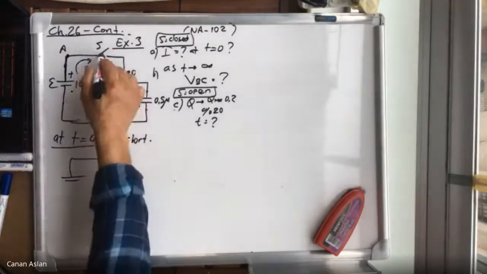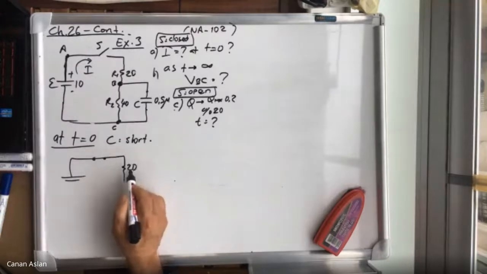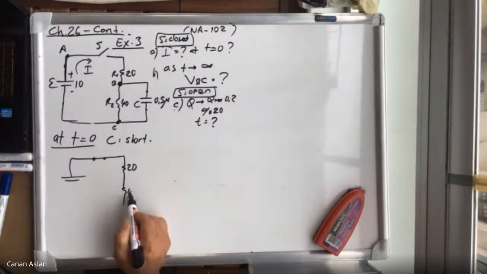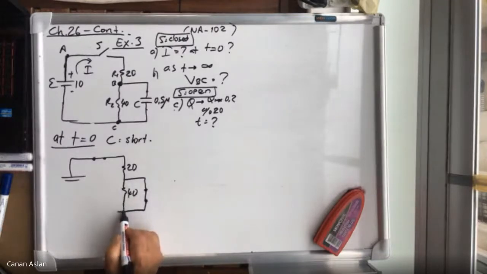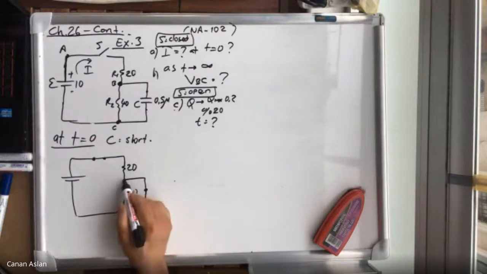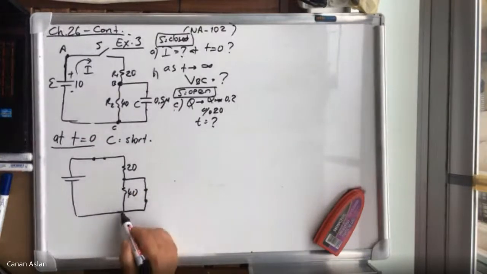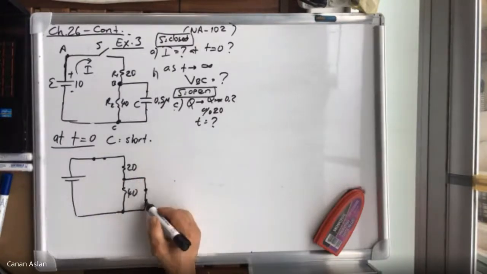The switch is closed here, and we have 20 ohms and 40 ohms, but the 40 is just short circuited, so we will not use it, because the short circuit gets rid of this 40 ohms. The current does not go through it, but simply goes around.